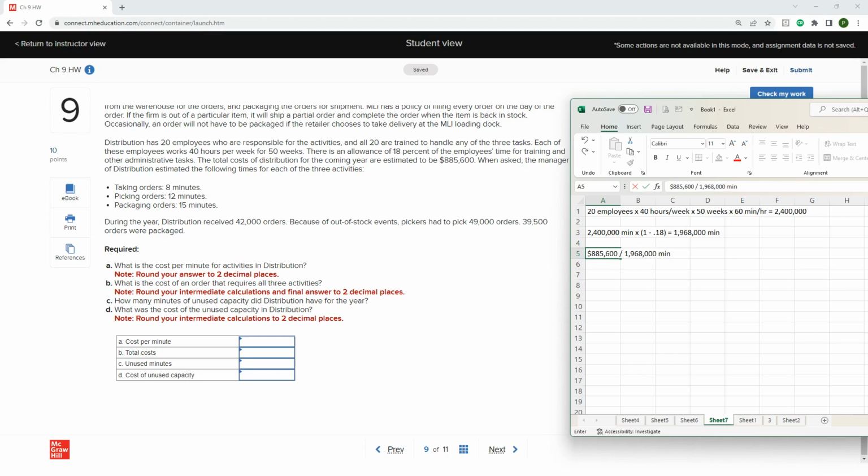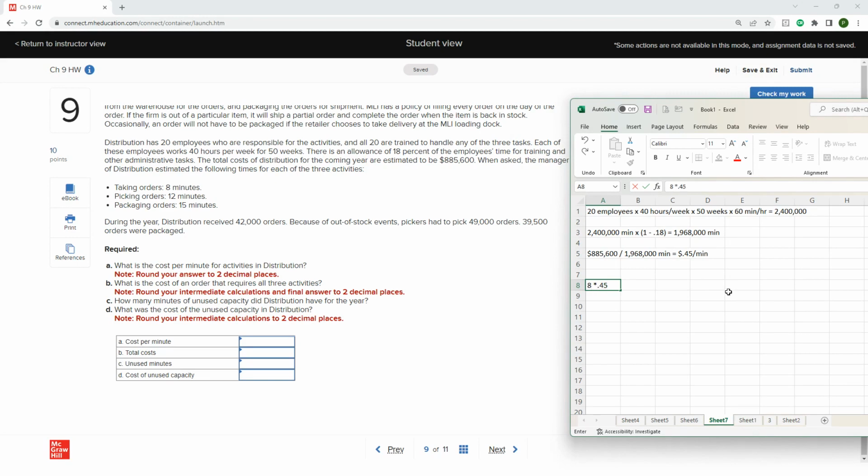For part B, we have to calculate the cost of an order that requires all three activities. If we have an order that needs to be taken, that will be 8 minutes times 45 cents per minute. For the picking activity, that'll be the 45 cents per minute times 12 minutes.